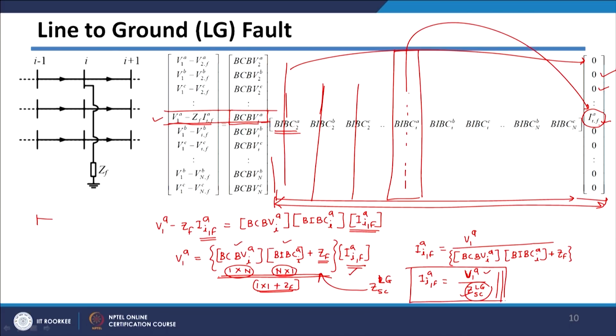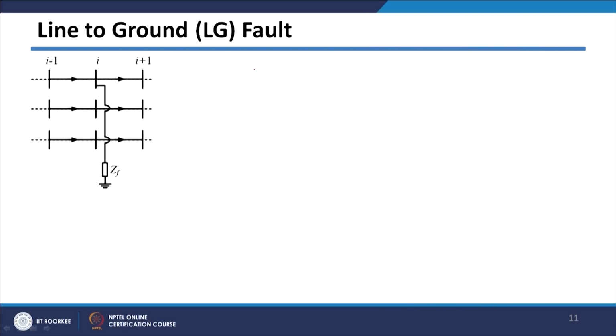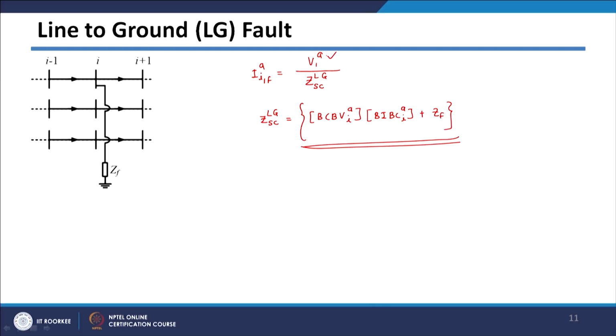So this is the fault current equation which you have got: V1A divided by Z short circuit in case of LG fault, plus your ZF, and we can easily get this matrix. This is known, so we can calculate your fault current.